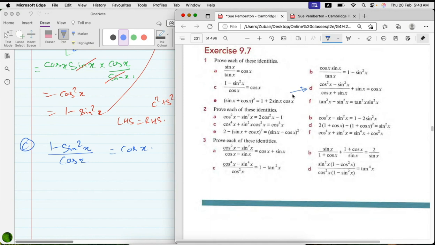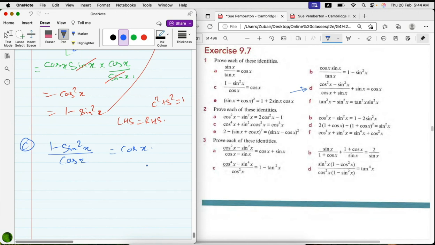So we can start with the left-hand side. So that would be cos squared x minus sine squared x, and it would be 1 minus sine squared x minus sine squared x. So that would just be 1 minus 2 sine squared x. And then with the right-hand side, that would be cos x plus sine x, but 1 minus 2 sine squared x cannot simplify, so I'm kind of stuck, confused.